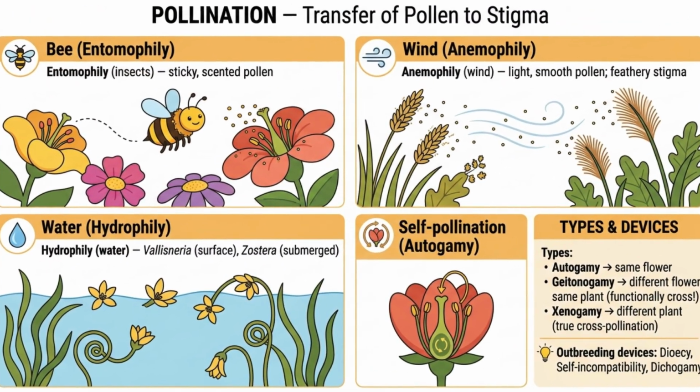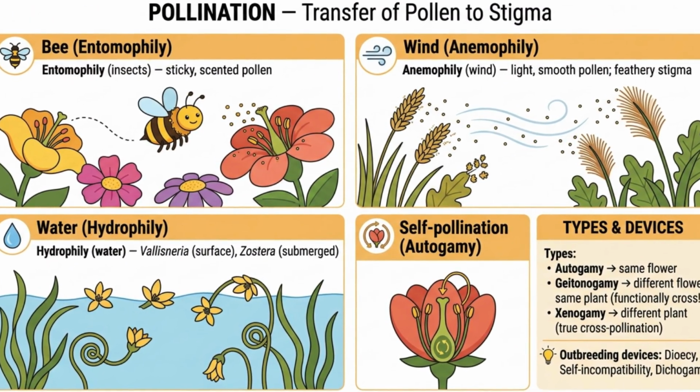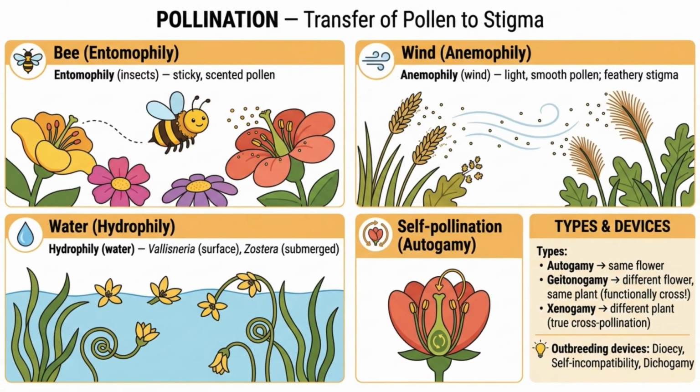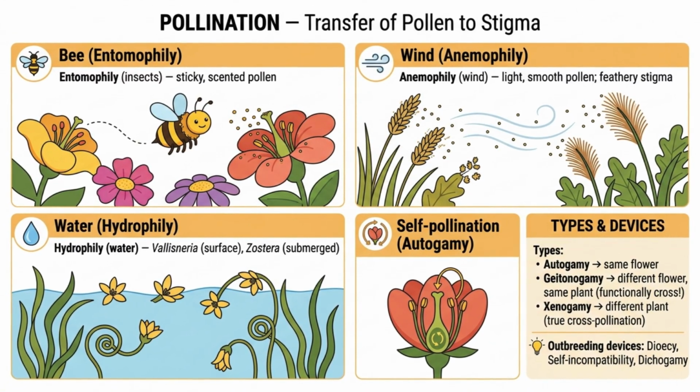Pollination is the transfer of pollen from anther to stigma. There are 3 types: autogamy, same flower; geitonogamy, different flower on the same plant; and xenogamy, different plants entirely. Geitonogamy is genetically equivalent to self-pollination, even though 2 flowers are involved.